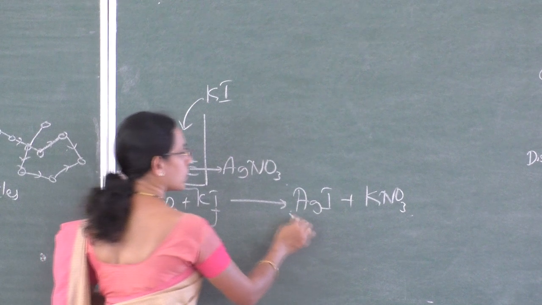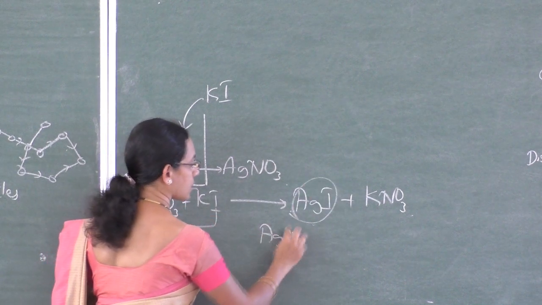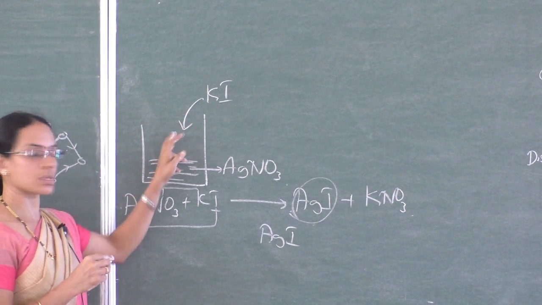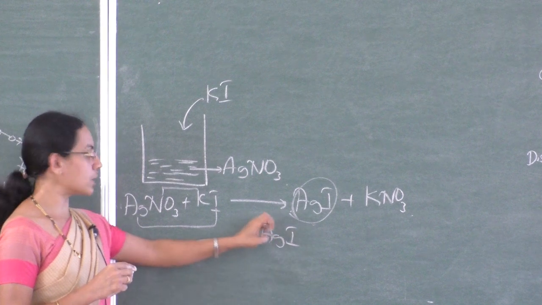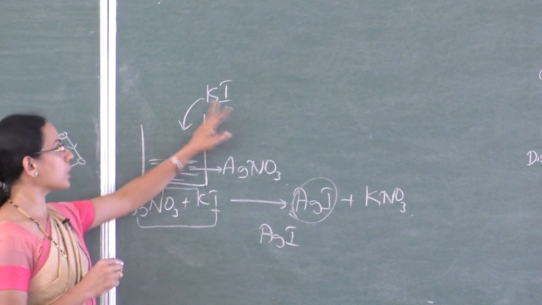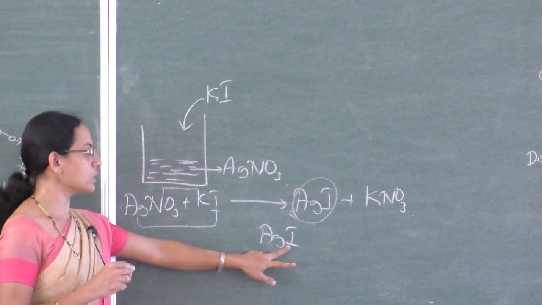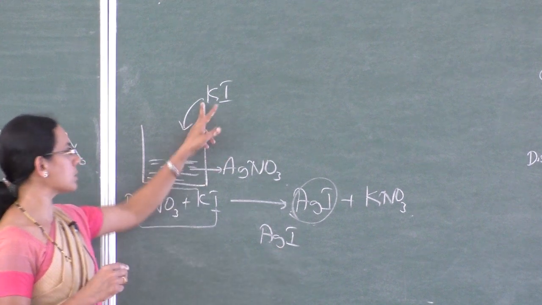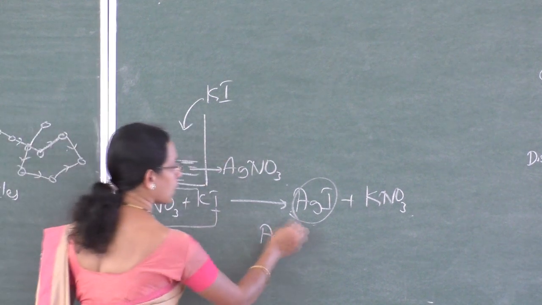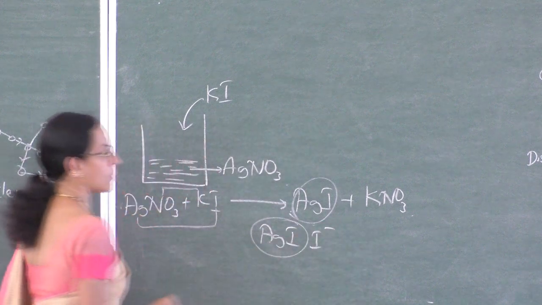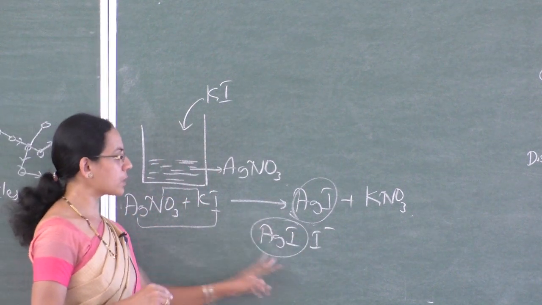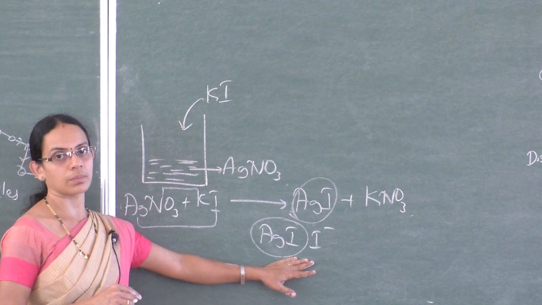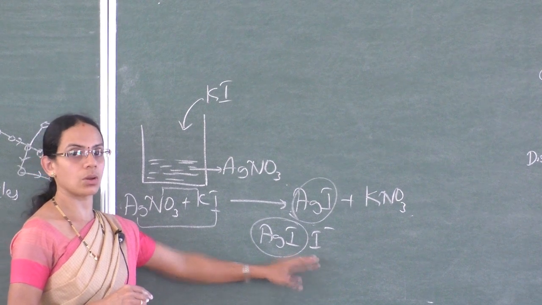Now this silver iodide precipitate, if you add potassium iodide in slight excess, can adsorb one of the ions from the potassium iodide. Here the common ion is iodide. I minus is the common ion, that is, it is present in the precipitate as well as in the electrolyte, and this silver iodide adsorbs I minus ion from the solution, hence it becomes a negatively charged sol particle.